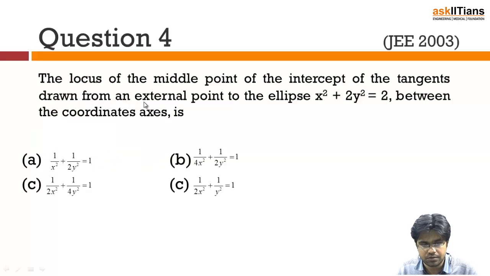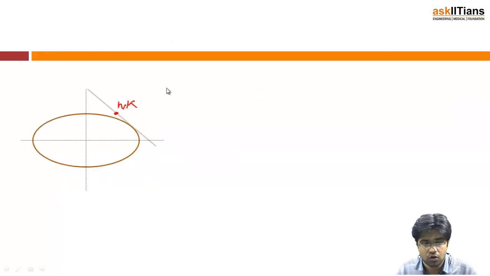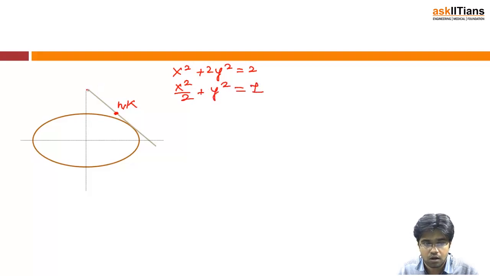What is the equation of the ellipse that is given? The equation of the ellipse is x square plus 2y square equals 2, or you can say x square by 2 plus y square equals 1. Now let's say this length AB be L, and let's say this angle be theta.